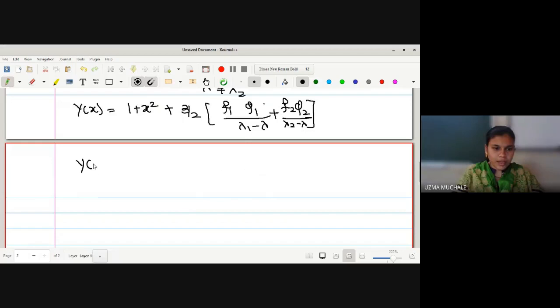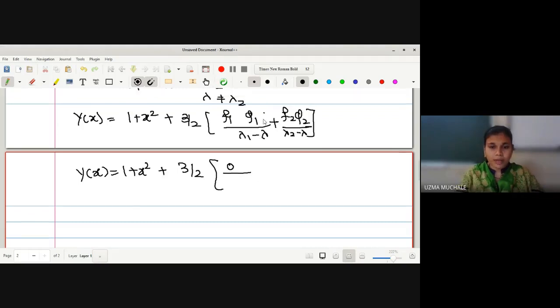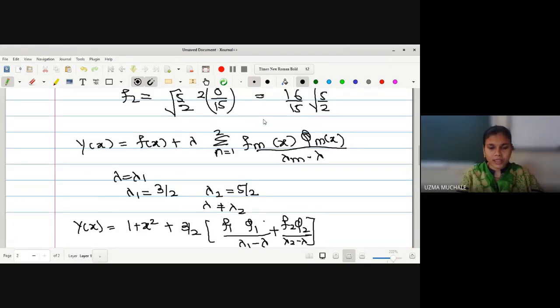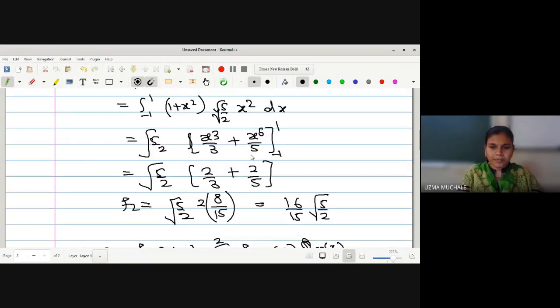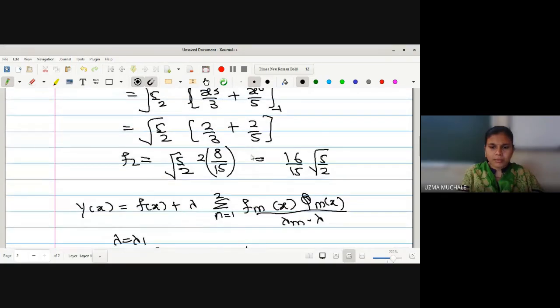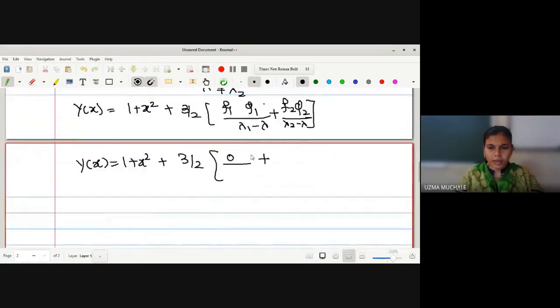Okay. So y of x is equal to 1 plus x square plus 3 by 2. The value of f1 we have got already as 0. So there is no effect here. Lambda is equal to lambda 1, but at that time f1 is 0, so there is no effect, right? If f1 is 0 and lambda is equal to lambda 1, this term is equal to 0. What is the value of f2 we have calculated just now? It is 16 by 15 into root 5 by 2.